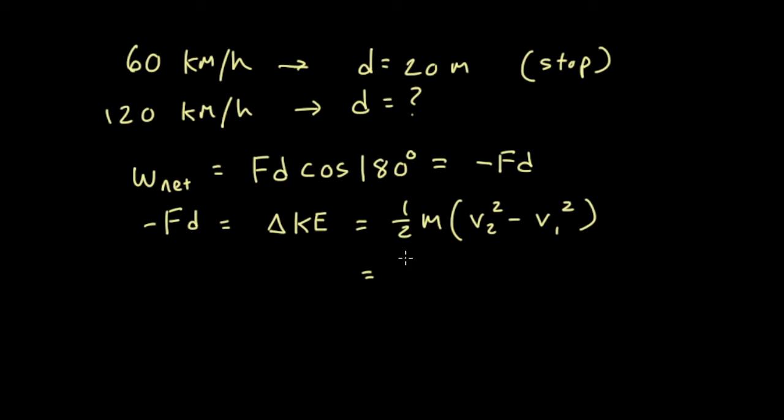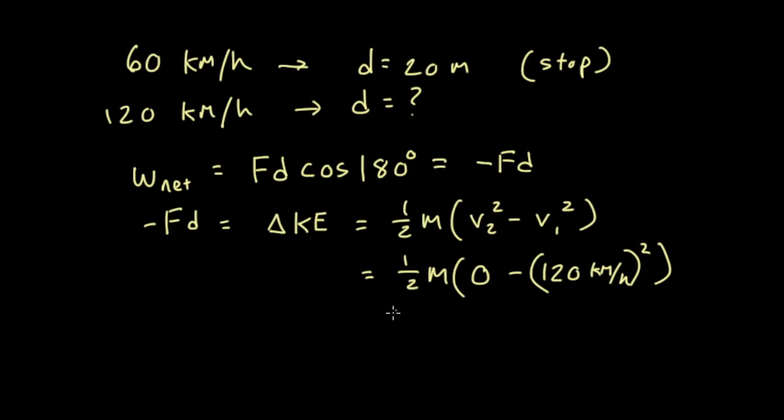Okay, the initial speed we know is going to be 120 kilometers per hour, but the final velocity is 0. So we have 0 and then minus our 120 kilometers per hour.